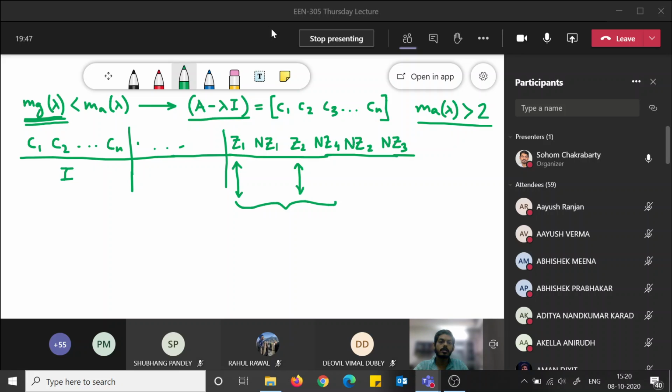So ma lambda is greater than 2. Suppose it is 4 in a particular example. Then you have to find additional 2 vectors, which are referred to as the generalized eigenvectors, and they would be the basis vectors of the generalized eigenspaces.